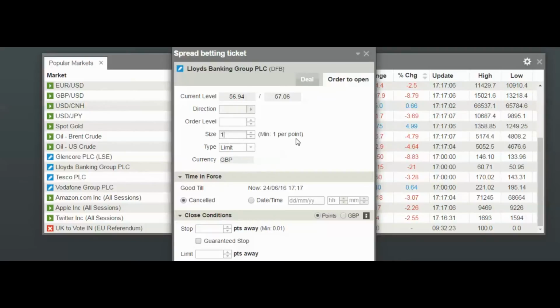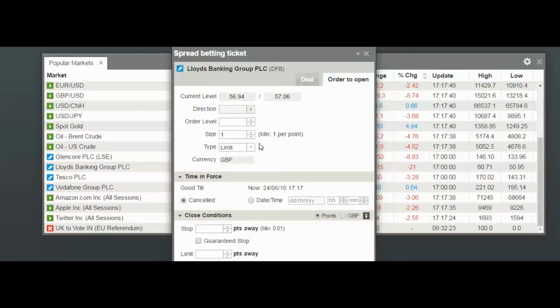So what you would potentially look at doing then, once you have calculated how much you're prepared to risk from your trading account on any particular trade, whether that's 1%, 2% or 3% of your trading account, let's say your trading account is £10,000, and you decide to trade 3% of that, so a maximum of £300 you're willing to lose by trading Lloyd's Banking Group.